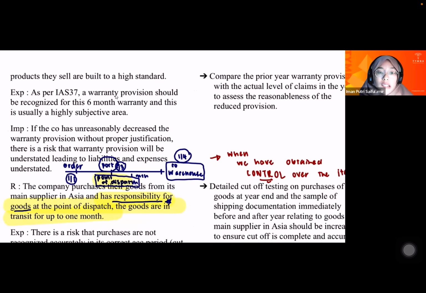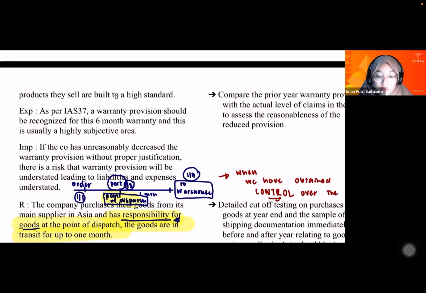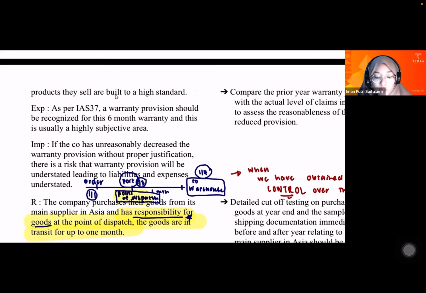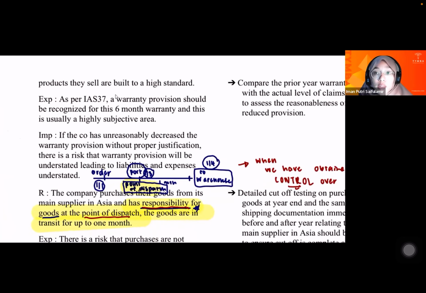We obtained the responsibility and rewards for the goods at the point of dispatch, so we should have recognized it on the 1st of March. The risk right now is that the company is not accounting for this appropriately.